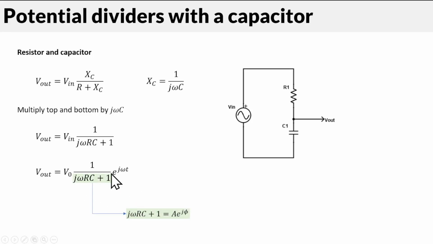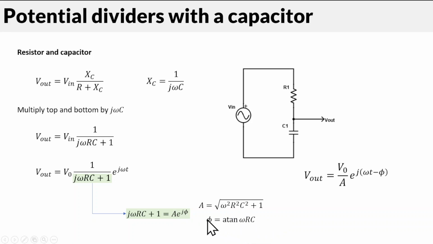So I'm going to take that denominator, 1 plus j omega RC, and write it in the exponential form that we can do for complex numbers. We're going to need an amplitude and a phase. The amplitude is found by using Pythagoras on the real and imaginary parts, so we're going to have omega squared R squared C squared plus 1, all square rooted. That's going to be my amplitude.